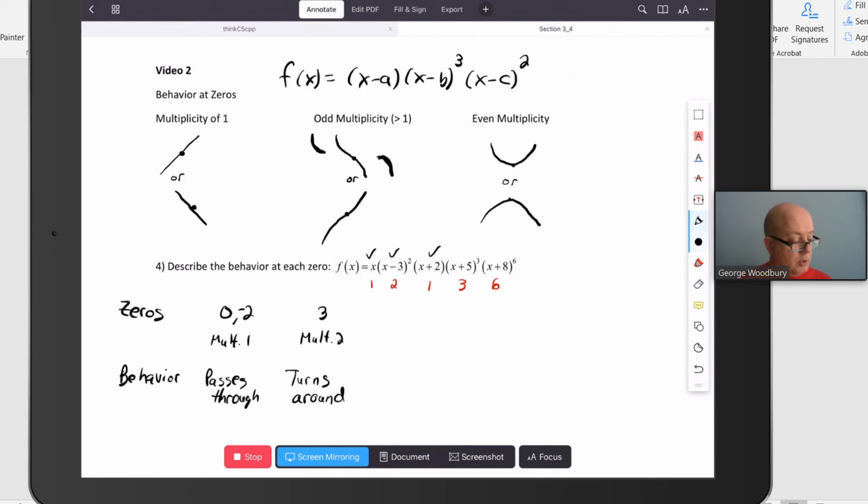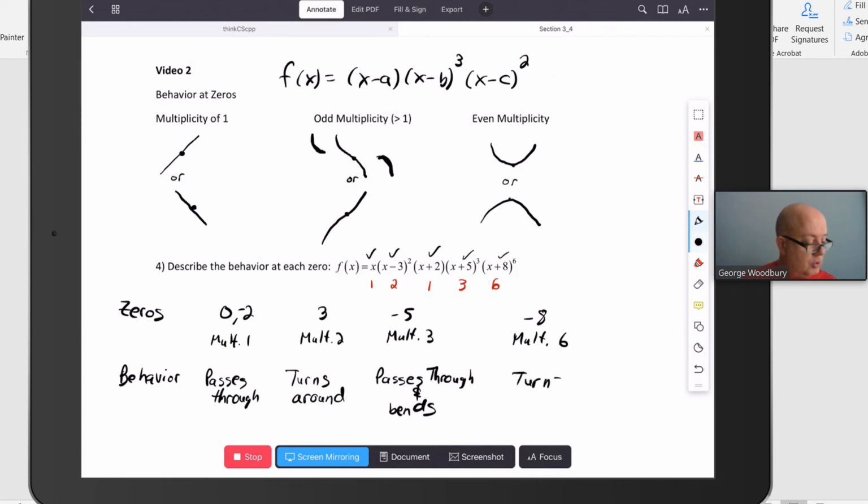X plus 5 to the third power, so negative 5 is a root whose multiplicity is 3. And so I'm going to write passes through and bends. So it's either going to change from concave down to concave up or up to down as it passes through that point. Finally, the last one, x plus 8 to the 6th power, so that root is negative 8. The multiplicity is 6, and the graph will turn around at that point.